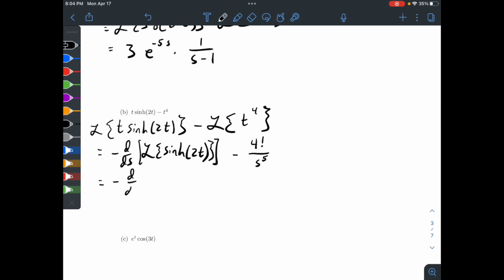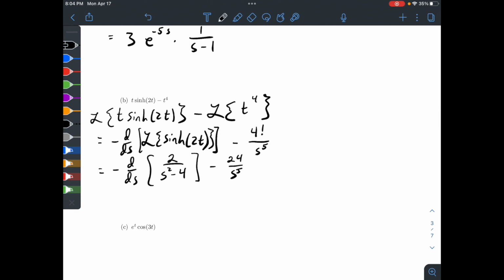So this is the negative derivative of, and then we can look at the table and see that the Laplace transform of sinh of 2t, I believe, just going off memory, is 2 over s squared minus 2 squared. By the way, 4 factorial is equal to 24. So I'll just write it like that.